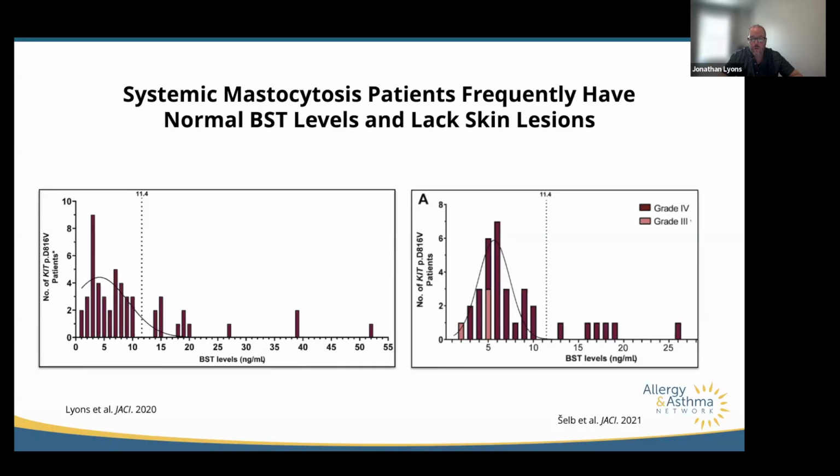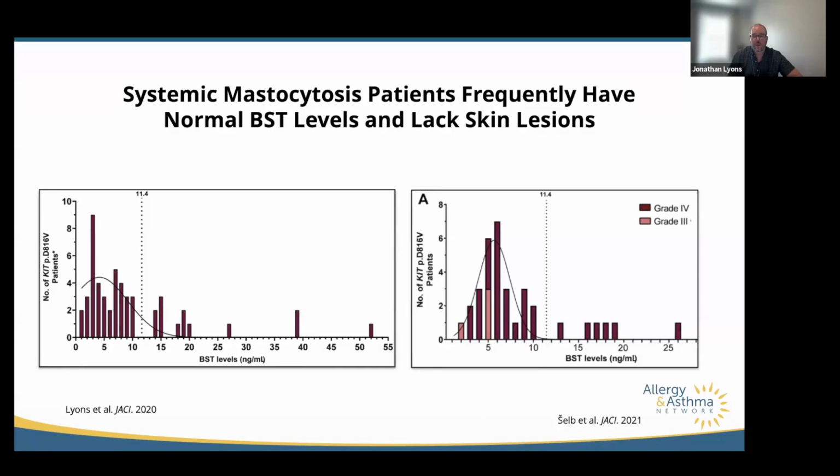And I hope what you can appreciate here is that the median tryptase levels in these patients with clonal mast cell disease and venom anaphylaxis, so these are all bee sting anaphylaxis patients, the average level hovers around 4 to 5, which is the same as the general population. And there are outliers you're going to pick up, but the majority of patients have a normal tryptase, certainly below 11.4.